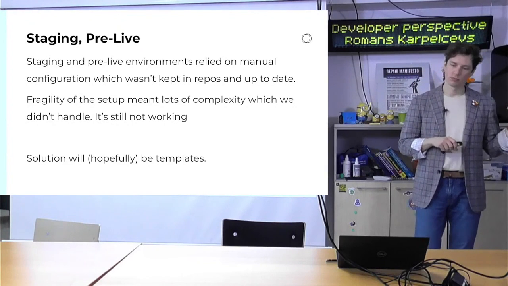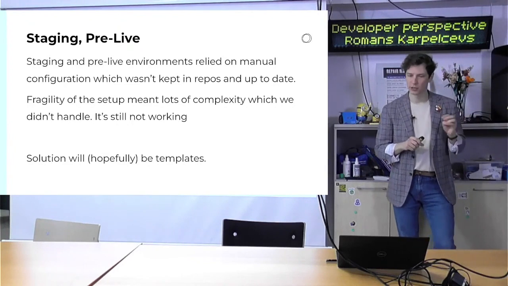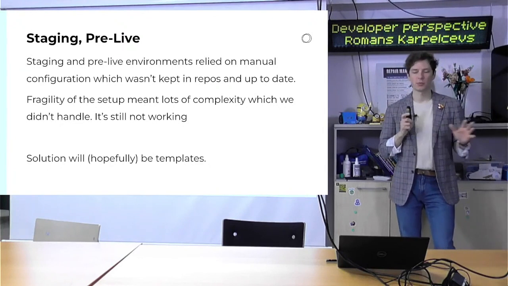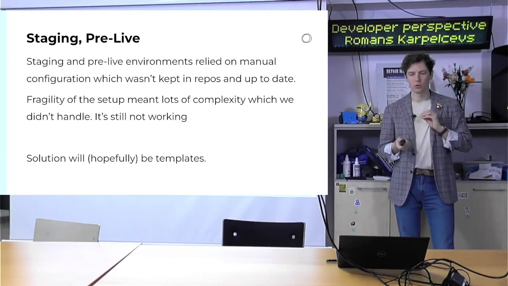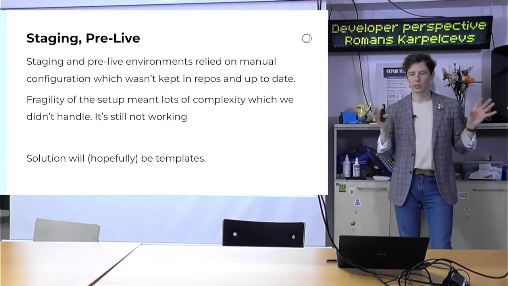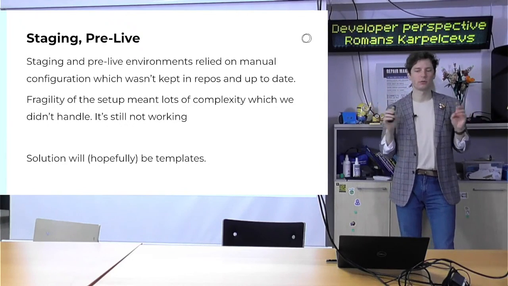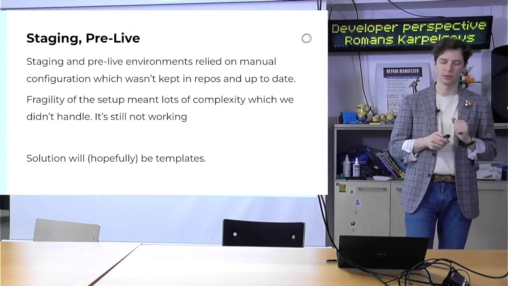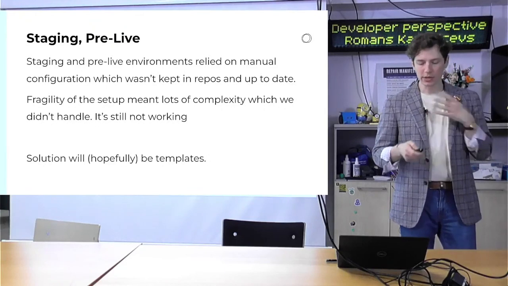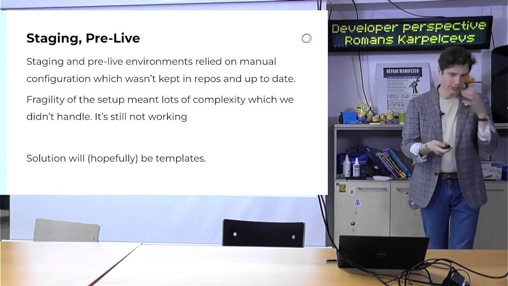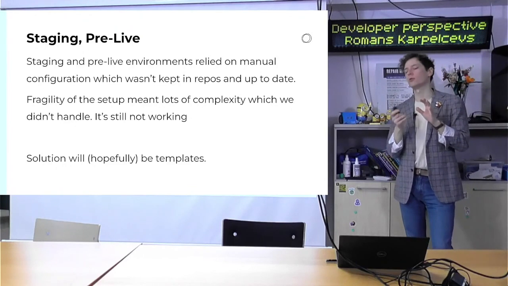We're lucky that we didn't need staging yet, and it wasn't actively used. We want to set it up with Helm or Kustomize in some way which can hold the complexity together, but it's still not working, so we failed that part. Now we migrated everything except for a couple of services that are related to email.